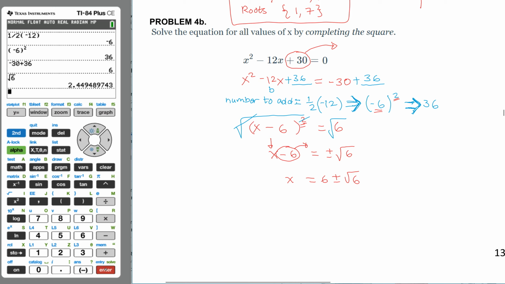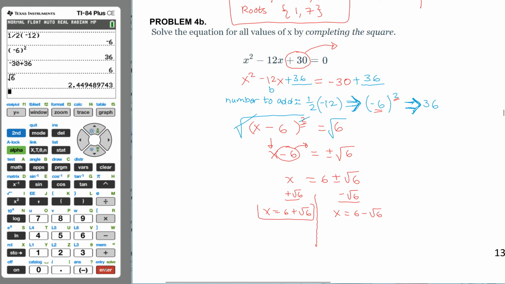Since there is no exact square root of 6, this could be your solution now. I don't have to split that. If you like, you can split this into 2, the plus square root of 6 and the minus square root of 6. When you split that, you write this as x equals 6 plus square root of 6 and x equals 6 minus square root of 6.